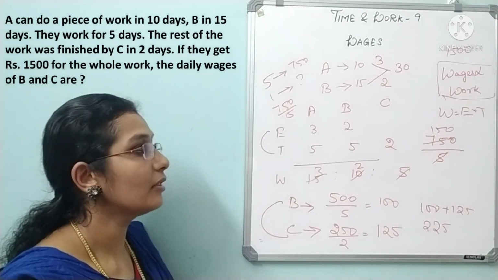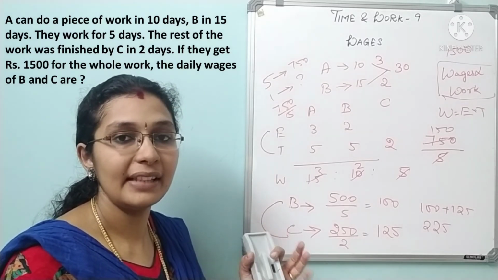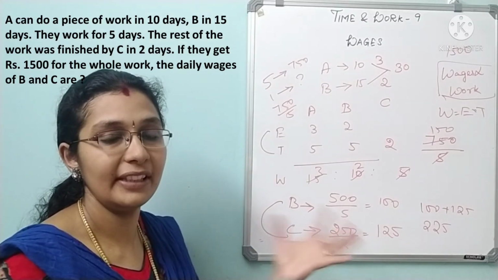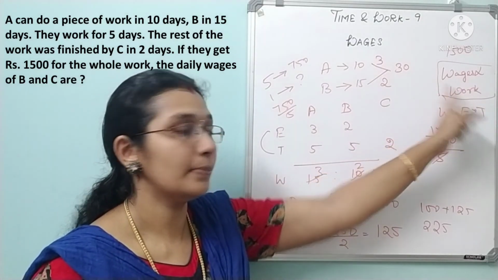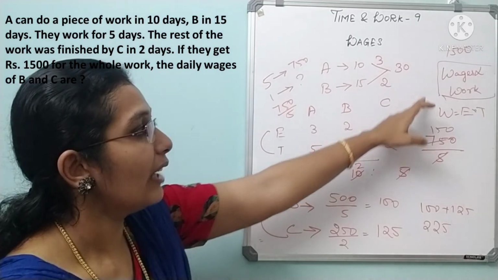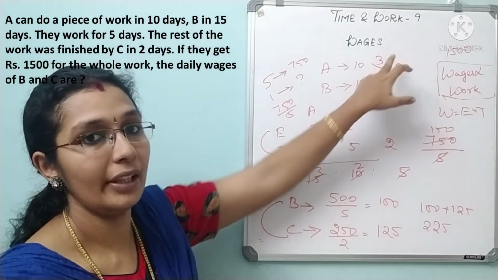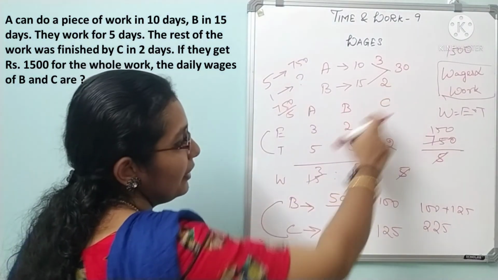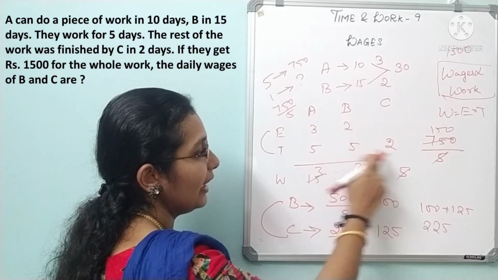Clear? How to solve? When your question is that they work separately, that is A and B work for 5 days, after which C did the remaining work, you will calculate wages based on work. So for finding work units, first as usual find the total work and their individual efficiency and time, as given in the question: 5, 5 and 2 days.